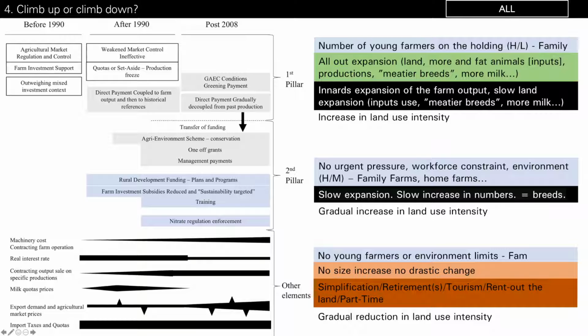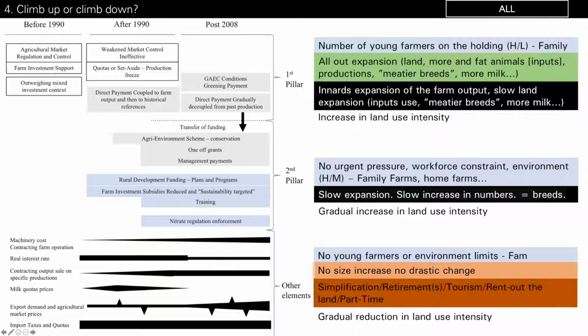And on the other side, we had other farms that were not as pressured or couldn't expand their farming system. It meant no size increase or drastic change, but other evolutions might have been sought to deal with it and to even maintain an income.